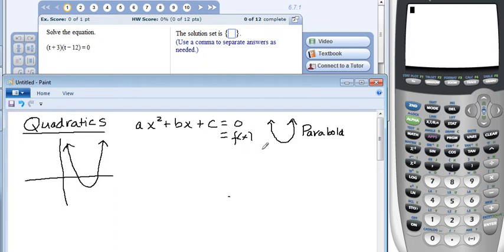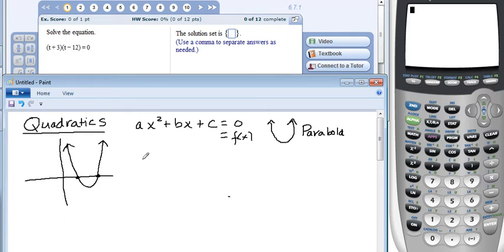So y is equal to 0. Well, on my parabola, where is y equal to 0? Well, isn't it equal to 0 right here and right here, right? If I have to choose two places, I've got an x-coordinate of, let's just say, 2, but my y-coordinate is 0, and maybe this is 4, 0, okay?